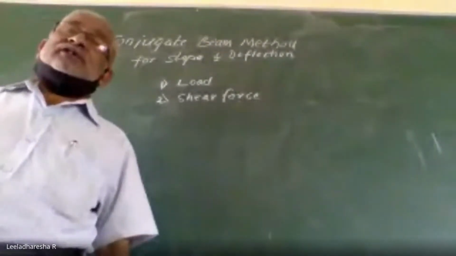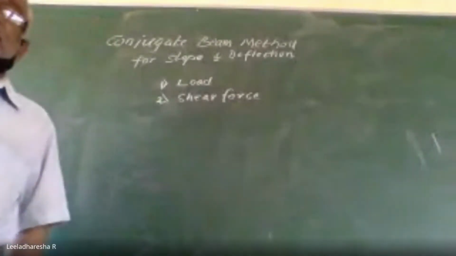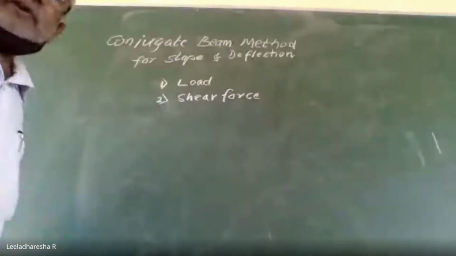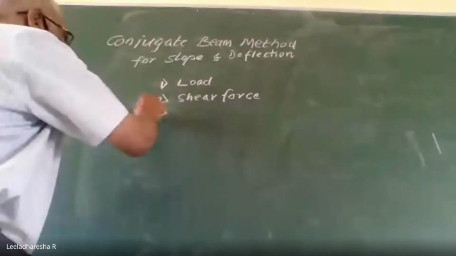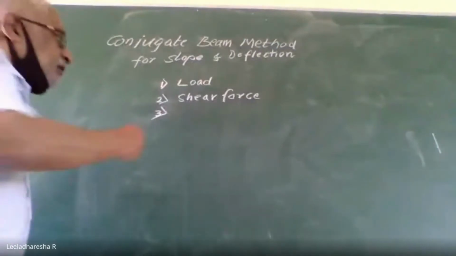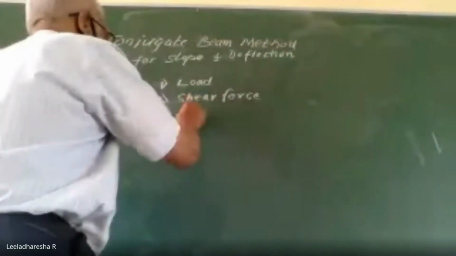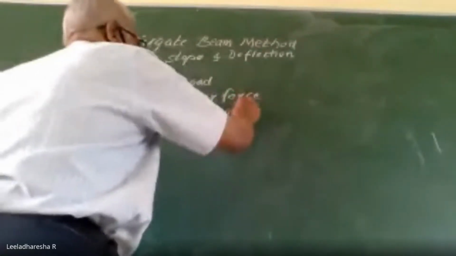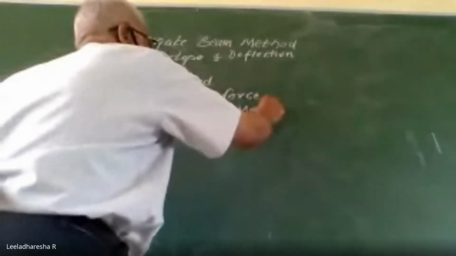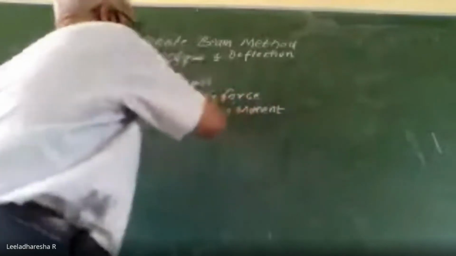Already in your strength of materials, you have dealt with the shear force. You know how to calculate the shear force. Then the next mode of failure of the structure comes in the form of bending moment. Up to this, in your strength of materials, you have determined shear force and bending moment.